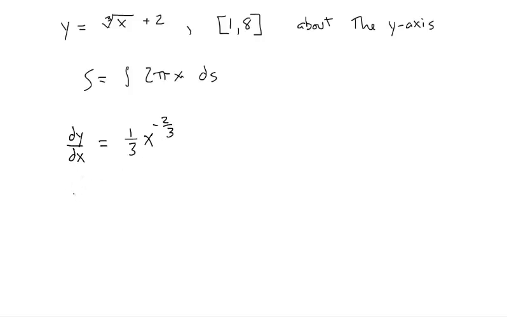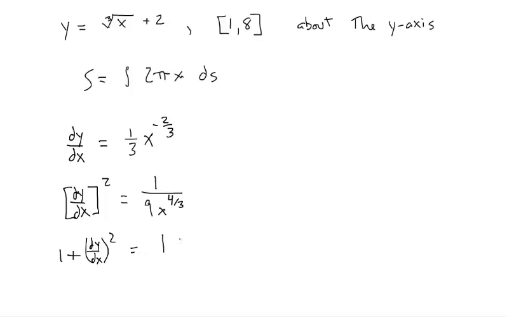And now I want to square it, so dy dx squared is equal to 1 over 9x to the 4/3, and then we want to add 1 to it. So 1 plus dy dx squared is equal to 1 plus 1 over 9x to the 4/3.